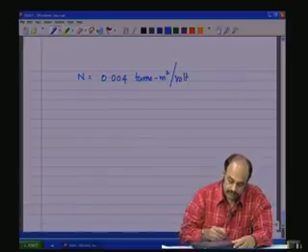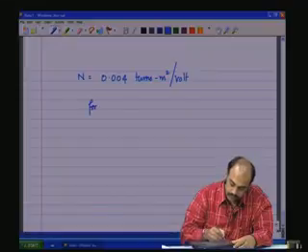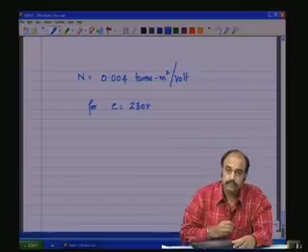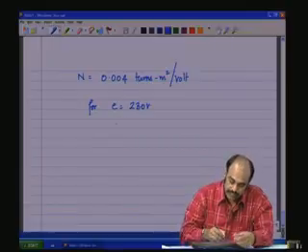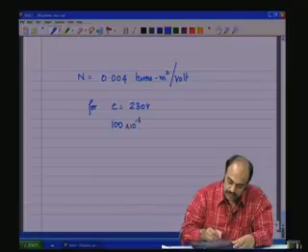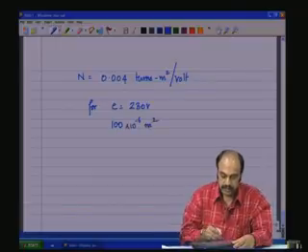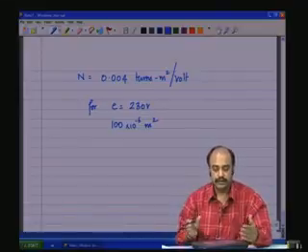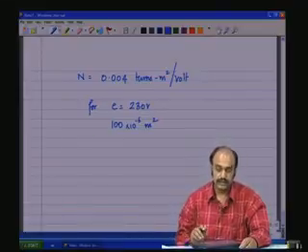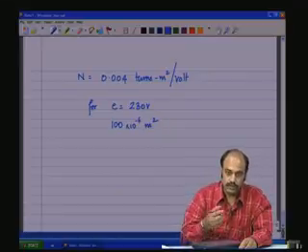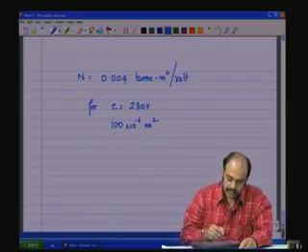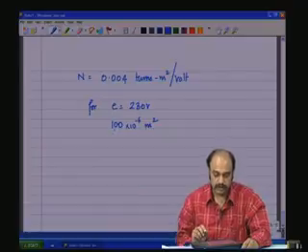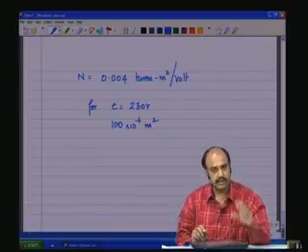So, let us say for E equal to 230 volts and a core area of 100 into 10 to the power of minus 6 meter square. This is the order of magnitude of the cores, 100 to 1000 into 10 to the power of minus 6 meter square, which you will see as the core cross section area. Let me take a value of 100 into 10 to the power of minus 6 meter square, easy for calculation. It is a small core.